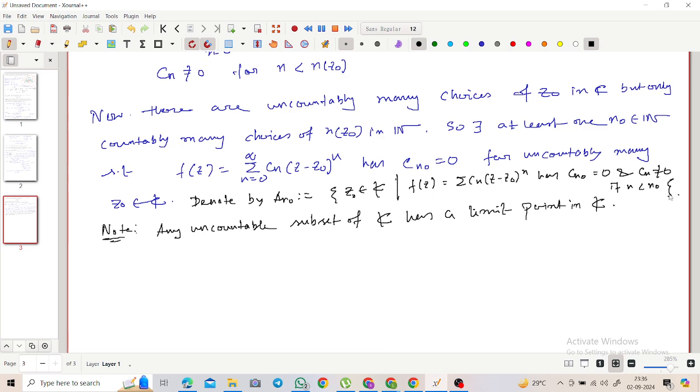So we have taken all z naughts, and the collection we are calling A_n0. Any uncountable subset of C has a limit point in C.